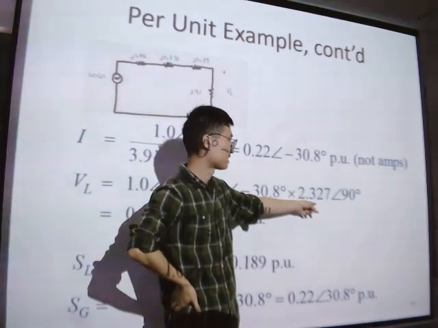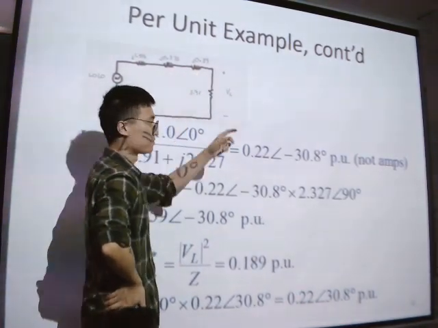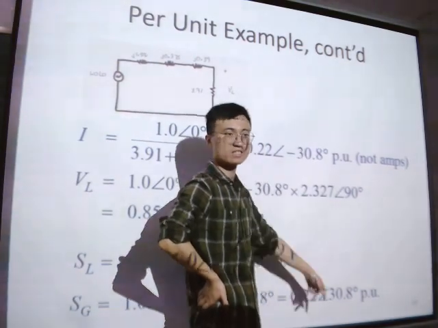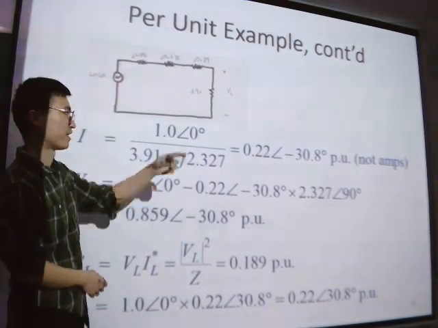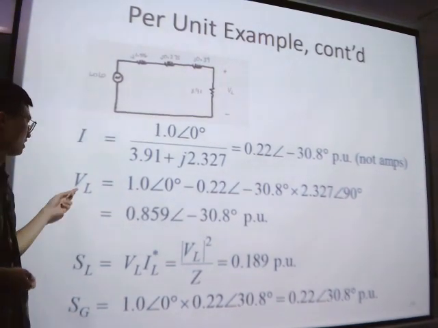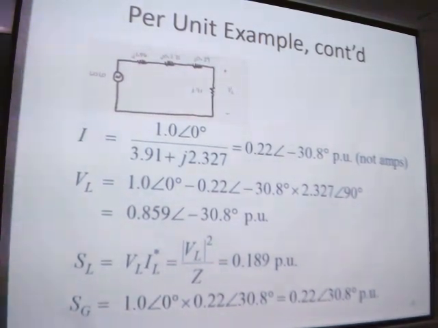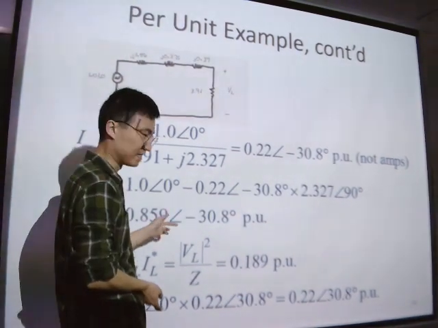So how about this? X is 3 up, and Y is 90 degree. Yeah, J, right? J is 90 degree. So with this constant, we can get the voltage of the node here. Remember, it's a per unit, it's not the voltage.